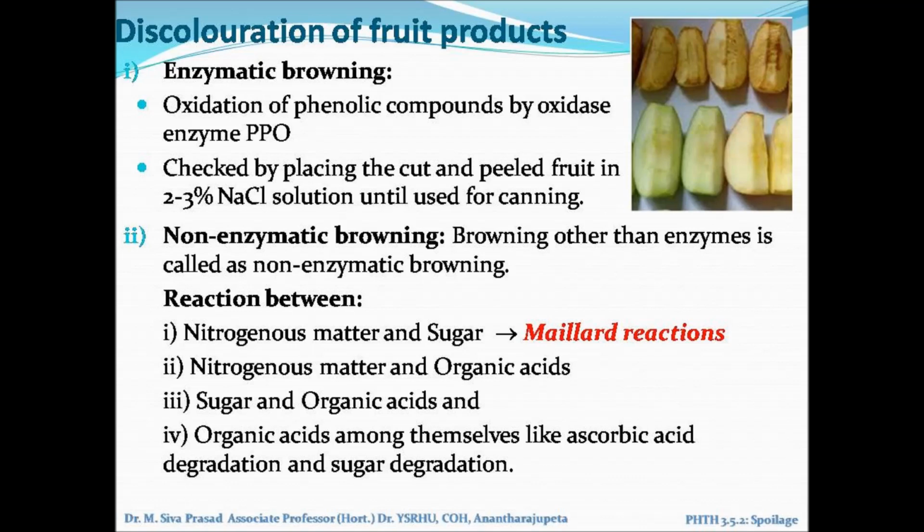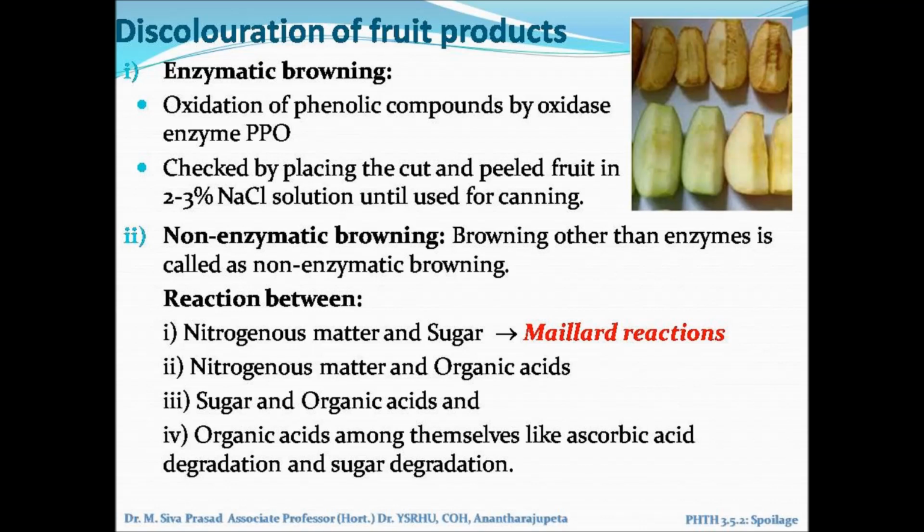You are all much aware of this particular reason, wherein a fruit, when it is cut and exposed, like your apples, pears, potatoes, or brinjals, so when you are cutting, we have seen the customary habit of putting them in salt water when you are cooking this kind of foodstuff, to prevent the exposure of the cut surface to atmospheric oxygen.